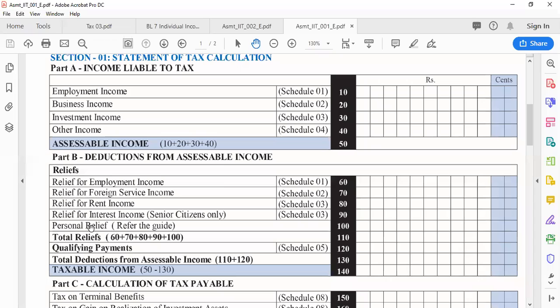Personal relief, how much personal relief? Any answers? You can post your answer in the chat box, please. Aruni, how much personal relief?